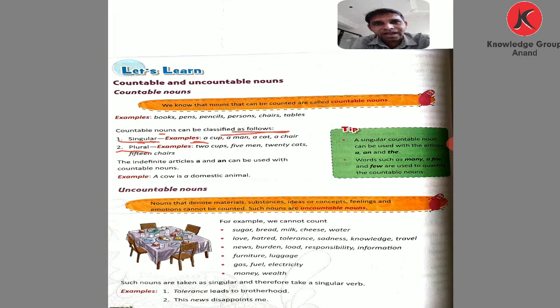We can put the indefinite article a or an. For a single cup we can say a cup. We can say a man, a cat, a chair, a book, a pen, a pencil, a chair, a table.